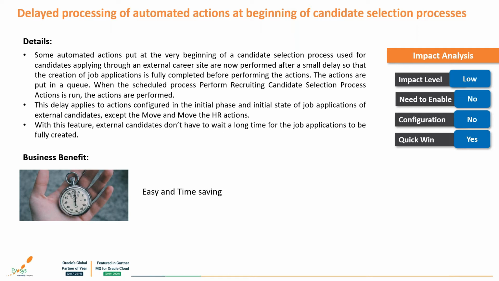The actions are put in a queue for a while, and then the scheduled processes are run. The scheduled process performs recruiting candidate selection process, and after it runs, the actions are performed.